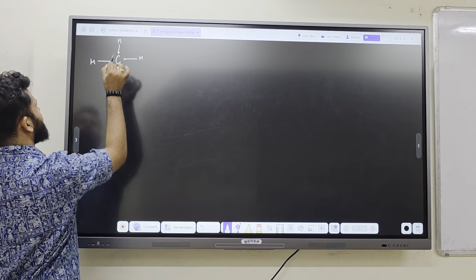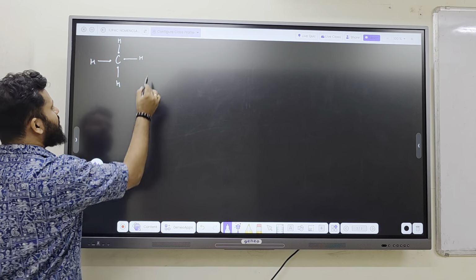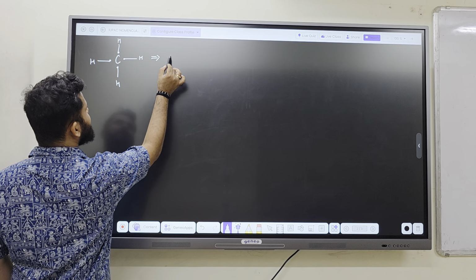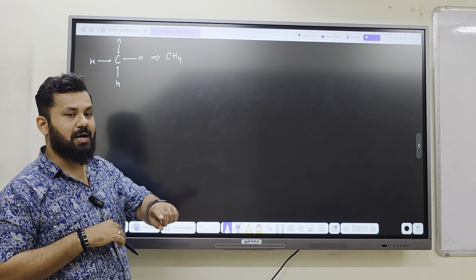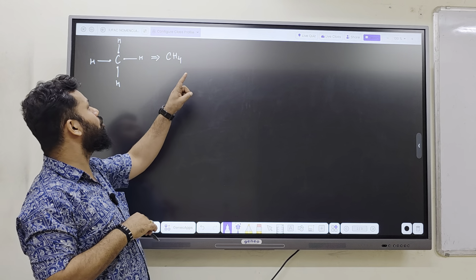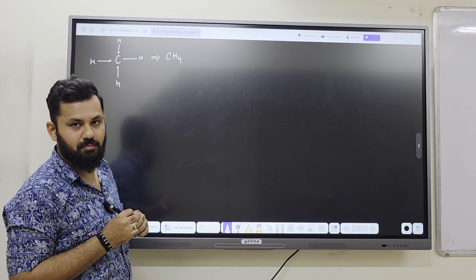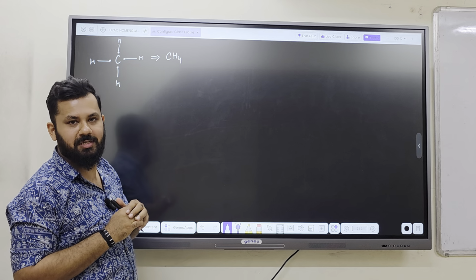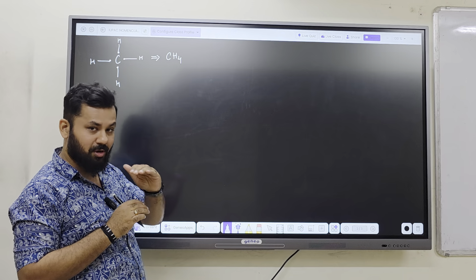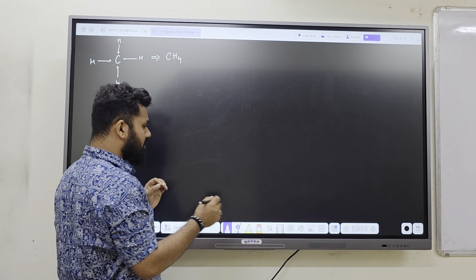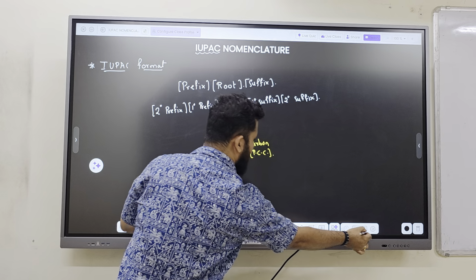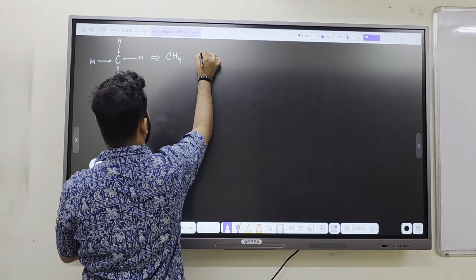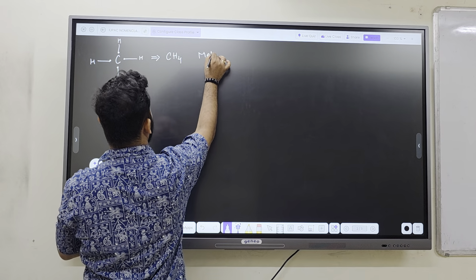For short, we will write this as CH4. So here we are given a carbon compound having only one carbon. When only one carbon is present in our parent carbon chain, the root word is going to be called meth.